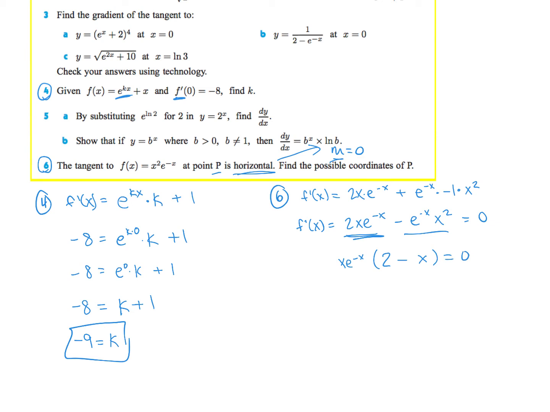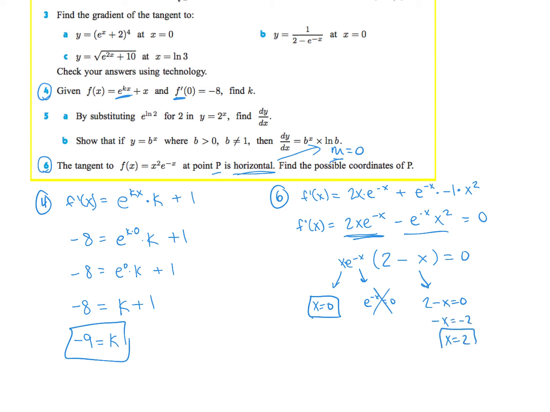I can set each factor equal to 0. There's 3 factors here, because there's the x equals 0, the e to the negative x equals 0, and then the 2 minus x equals 0.